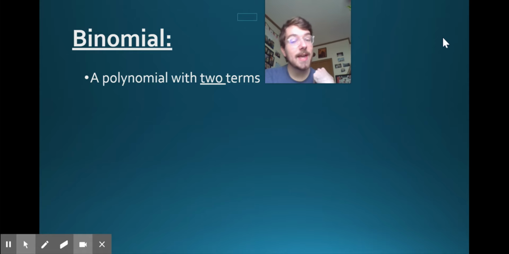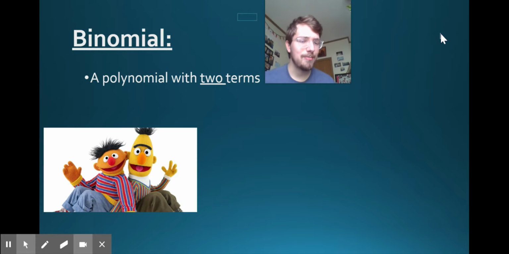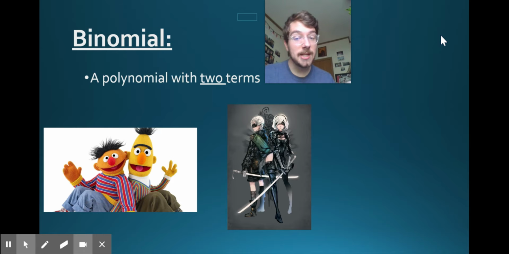So when I'm thinking of iconic duos, I know I mentioned Phineas and Ferb in the other lesson I talked about binomials, but you could also have Bert and Ernie. Sesame Street is a legendary show. I watched that when I was a kid. They've got it going on. They're besties. They live together. I think they live together. I don't know. But they're iconic. They're great. Right now, as a video game, I'm playing Nier Automata, where you play these anime characters with swords who are androids, and I'm beating up a bunch of robots.